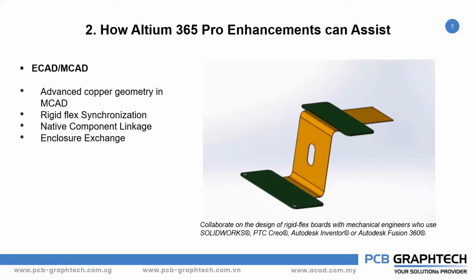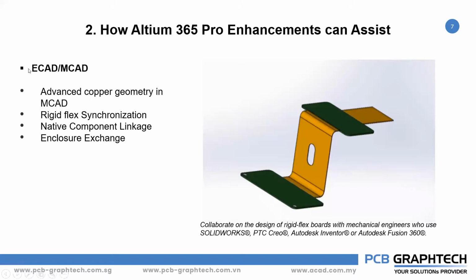Now you can see this advanced copper geometry in your MCAD software after you transfer your board to the mechanical software. In the mechanical software you can see the traces, the wires, and the copper geometry layer by layer. That is the main advantage of this Pro enhancement in the MCAD software. Later, I will show that in my demo.